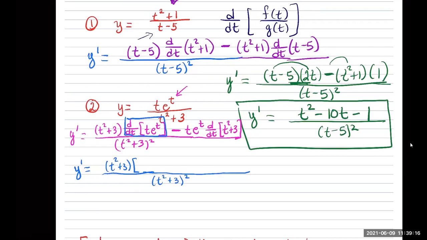So I want you to help me out here. If I take the derivative of t e to the t, what rule do I have to use there? What rule do we use when we take the derivative of t times e to the t?